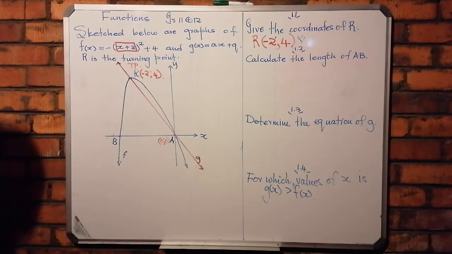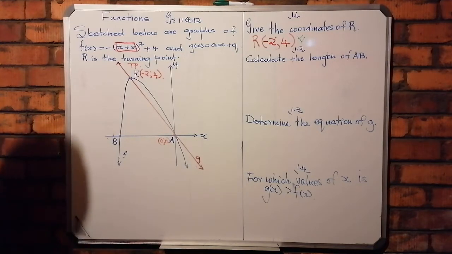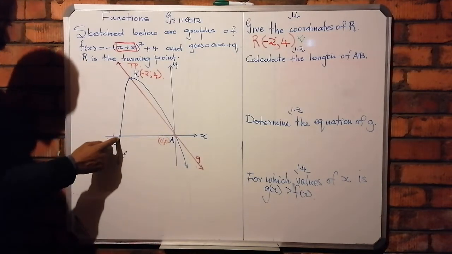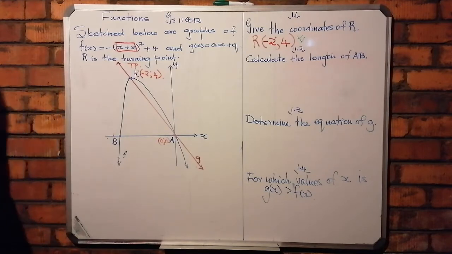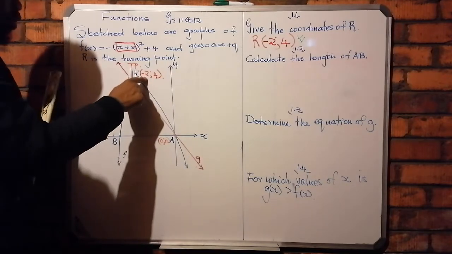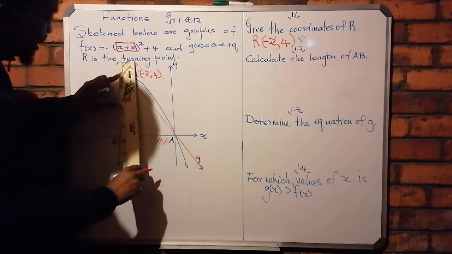The next one, it says calculate the length of AB. Where is AB now? There is A, there's B there. Now, there are several ways of doing this. Remember, we know the turning point.